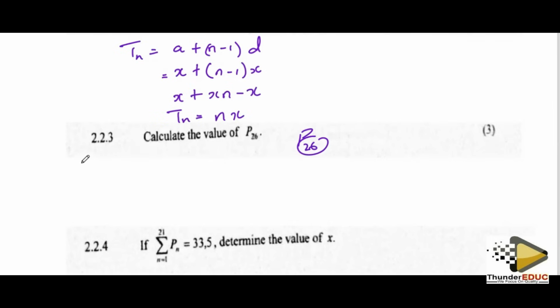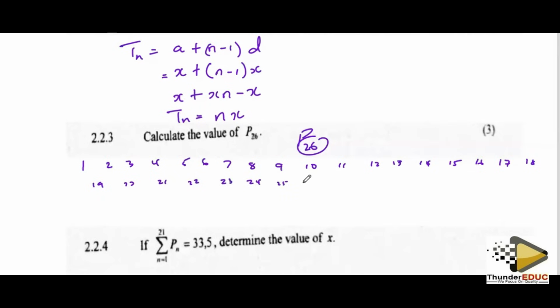Now let me just write it out. 2, 3, 4, 5, 10, 11, 12, 13, 14, 15, 18, 19, 20, 21, 22, 23, 24, 25, and then 26.